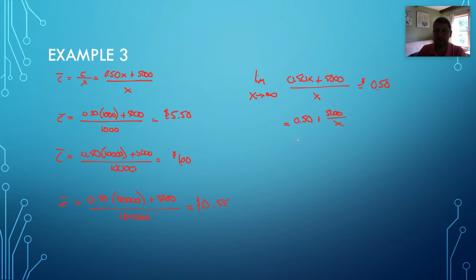And so this term goes to 0. And so I'm left with 50 cents per card. Okay, 0.50 per card. All right, so that is example number 3.